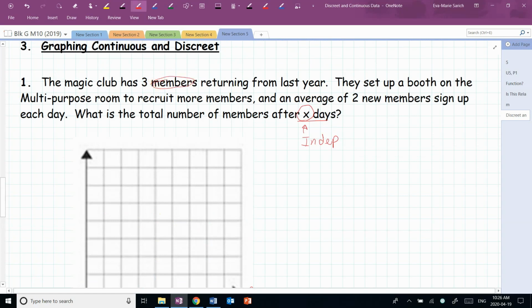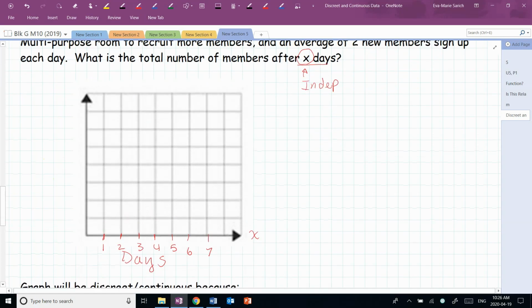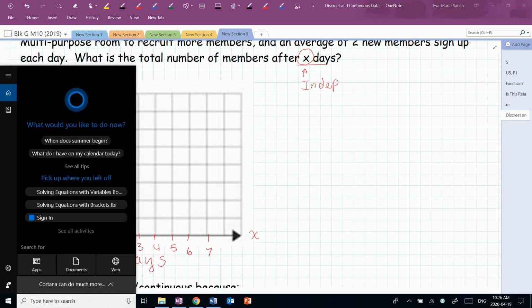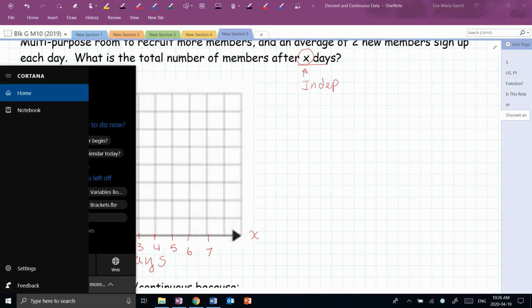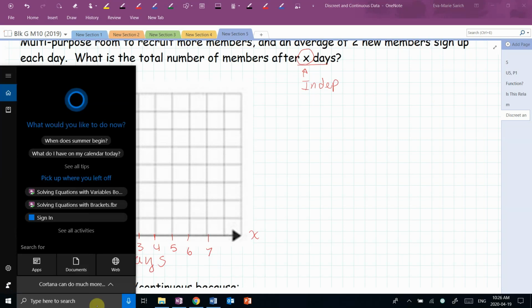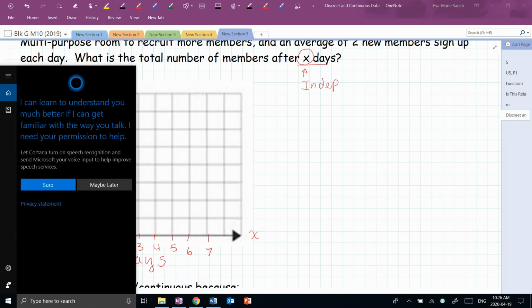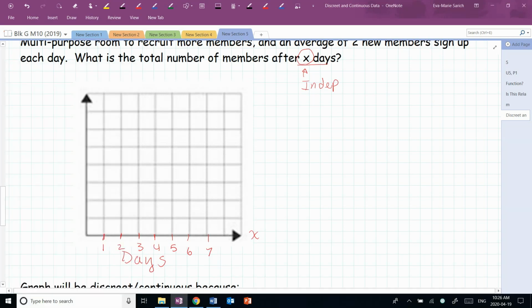And so that's going to be the dependent variable. So this is members. Now, I don't want to start with a scale on this until we sort of decide on what the data is going to look like.